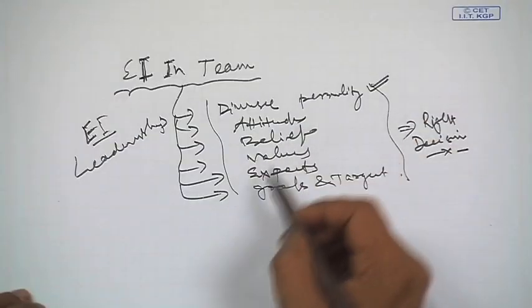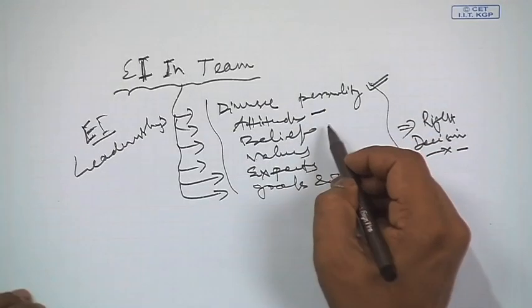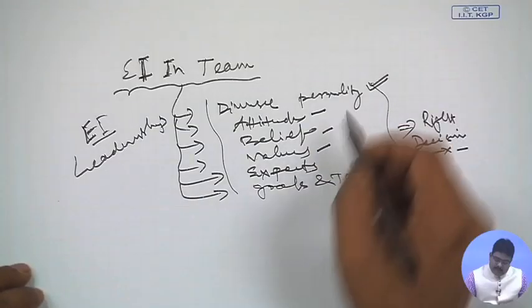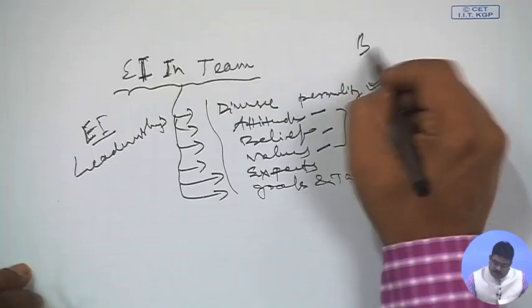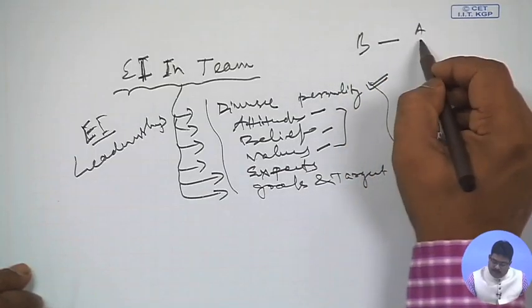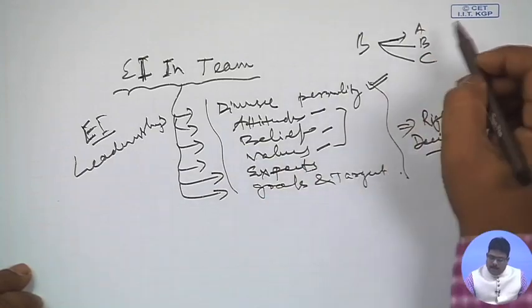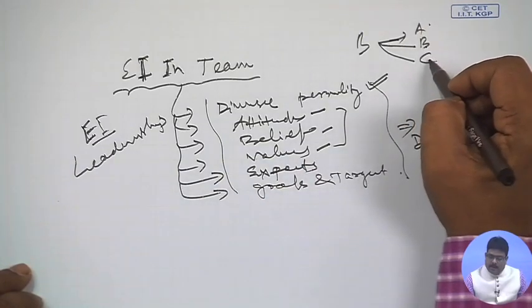Understanding people, because they are overloaded with attitudes, beliefs and values, and human behavior has three components, ABC: affective, behavioral and cognitive.